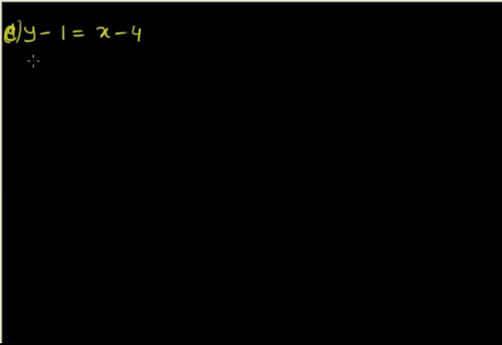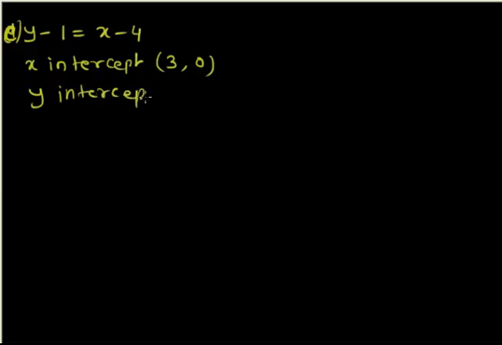As you have already seen, the x-intercept is 3. So it is nothing but 3, 0. 3, 0 is the x-intercept. It being on x-axis, the y-coordinate is 0. Similarly, we have obtained the y-intercept. Y-intercept is minus 3, so 0, minus 3. So these are the 2 points which already exist on this line.